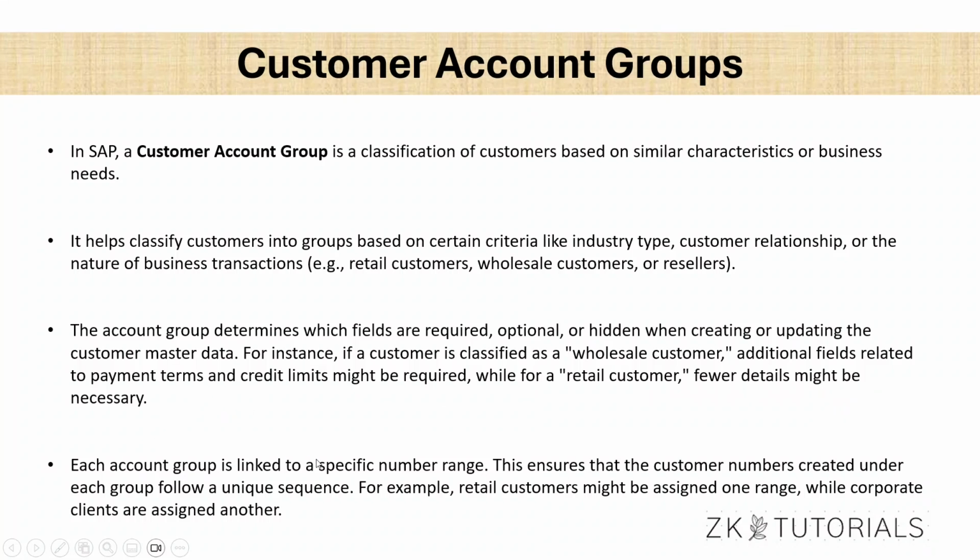Each account group is linked to a specific number range. This ensures that customer numbers created under each group follow a unique sequence. For example, retail customers might be assigned one range, while corporate clients are assigned another.